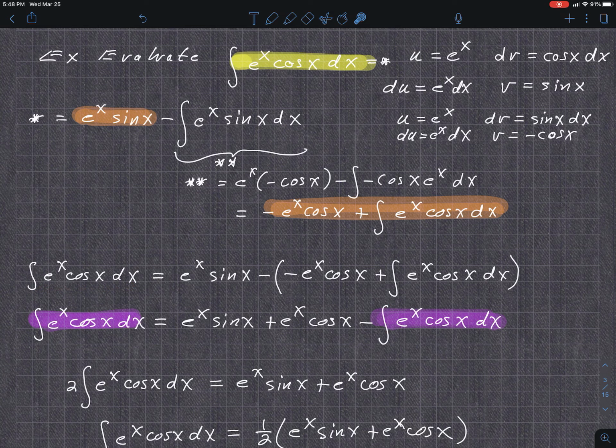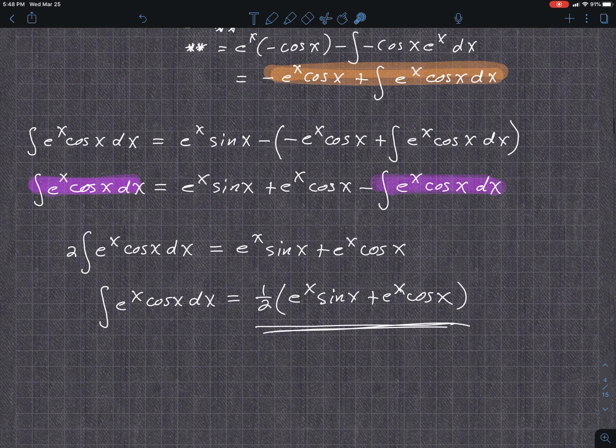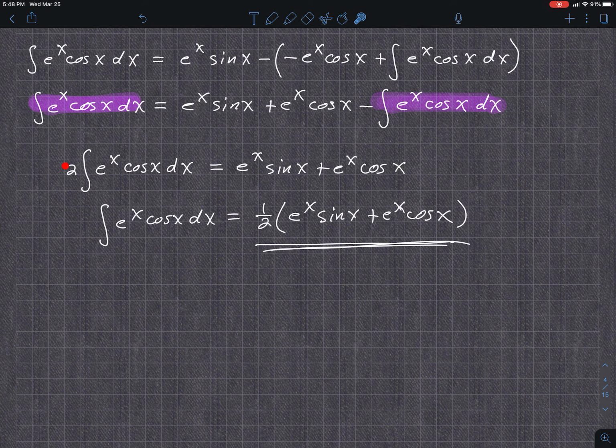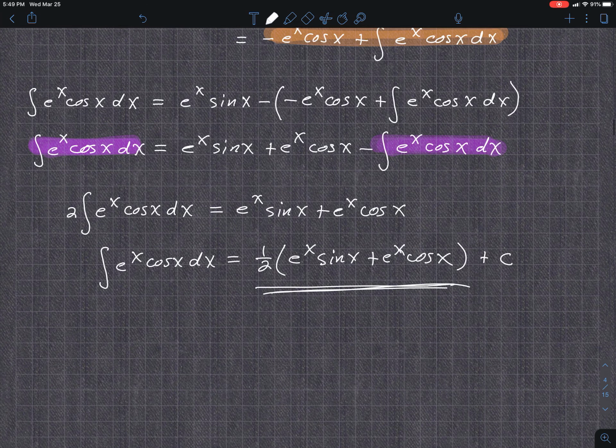So this purple part is the same as this one, and so you essentially are solving for it. When you solve for it, you get two of them, and you divide, and then you get what it's equal to. So you actually found an explicit formula without actually evaluating. And I should put plus C here. It's an indefinite integral, so it should be a plus C.